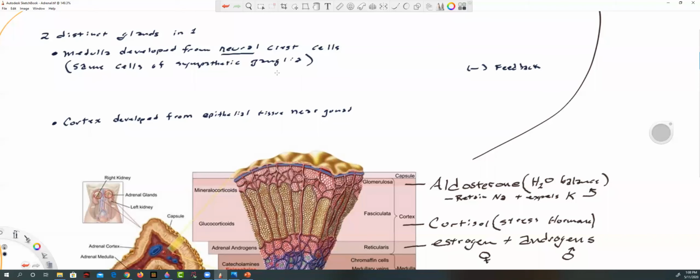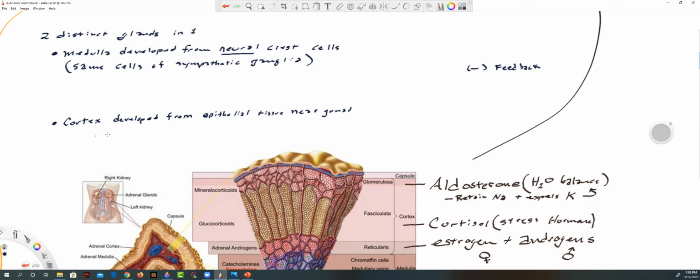That's part of the system that keeps us alive, the fight or flight, the non-conscious part of our nerve cell system.